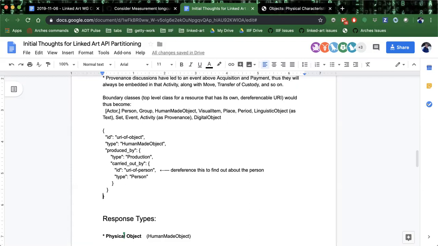Yeah, I forget whether I put it into the design principles for this. I guess it is a slightly different question. For the directionality of the relationships between the responses, we have found it's easier to hand generate or easier to manage in a UI going from the member to the thing that it's a member of, or going from the part to the thing that it is part of, rather than saying this book has 1,000 pages, or this person was a prolific artist and produced 600 objects.